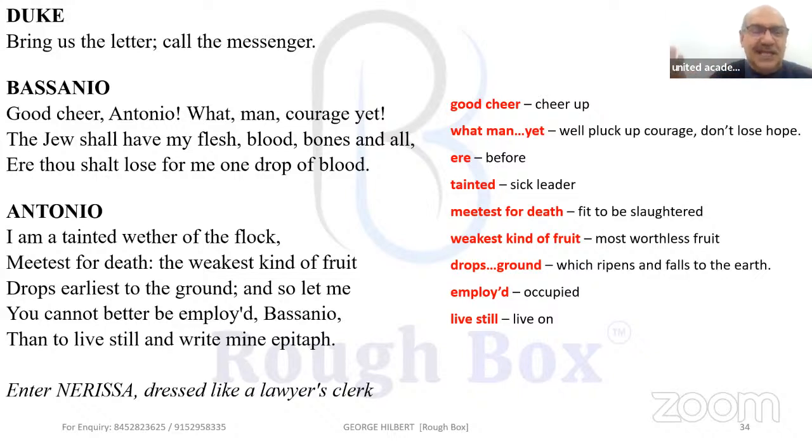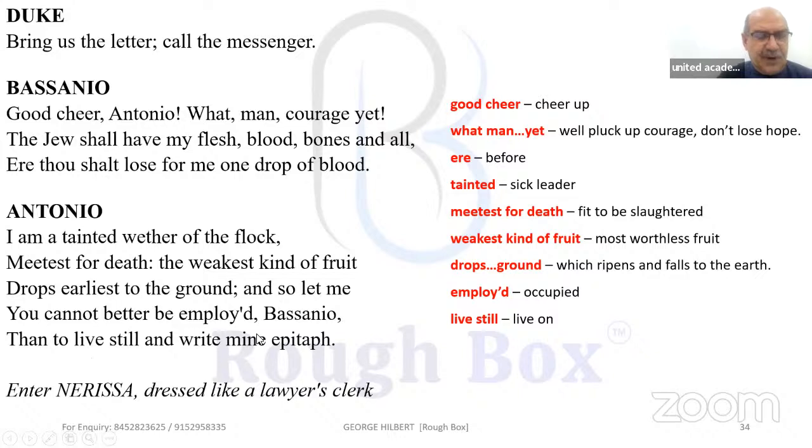So it becomes worthless. So he compares himself to that overripe fruit which falls to the ground and becomes worthless. He says, I am a sick leader of the flock, fit to be slaughtered. I am that fruit which falls earliest to the ground and becomes worthless. So let me be. So leave me to my fate.